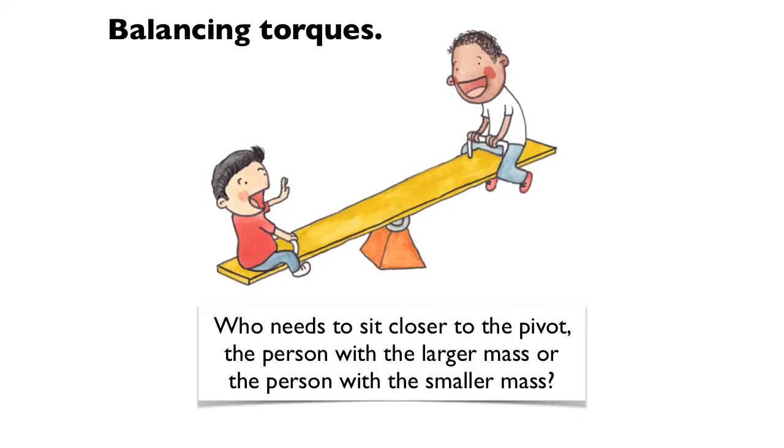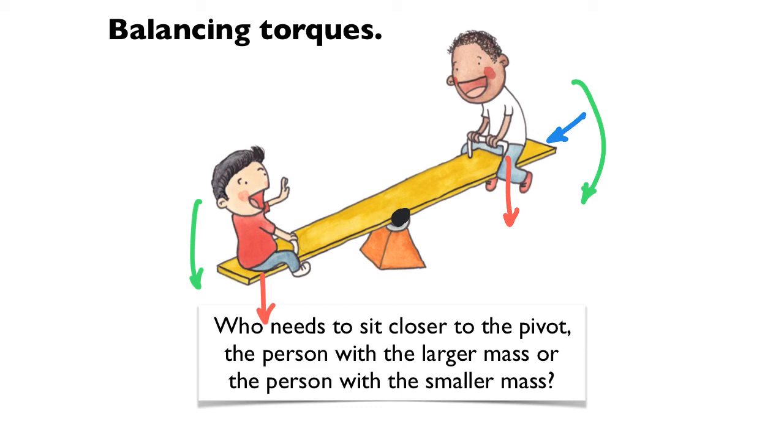Okay, I want to do a quick preview of the kind of thing that we're going to see. Typically we consider a situation where something's rotating, like this teeter-totter, which clearly rotates around a pivot point, and forces are applied to it which produce torques. These two people sitting on the teeter-totter each exert a downward force on it. If we want the people to have a good game, the torques that they exert, the person on the left making it rotate counterclockwise, the person on the right making it rotate clockwise, should be approximately equal.